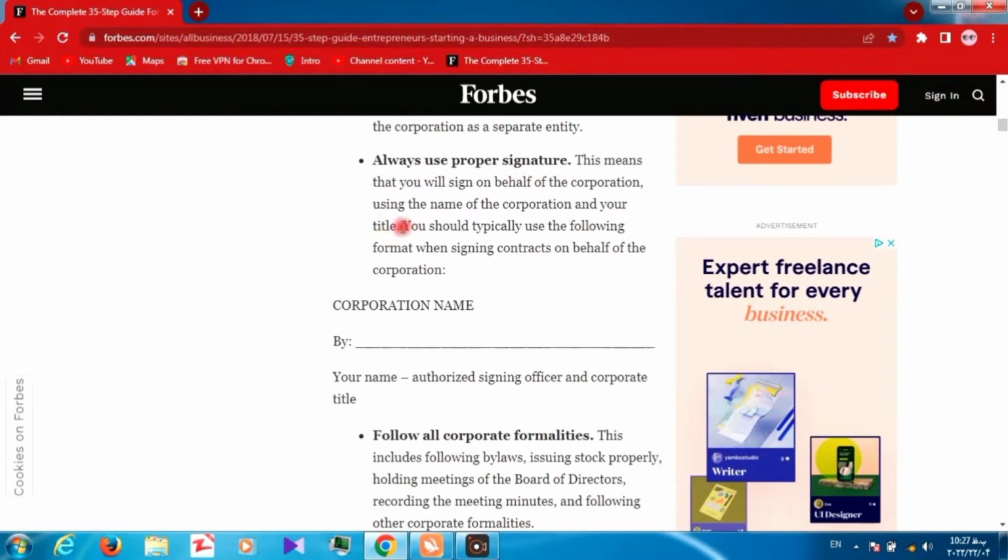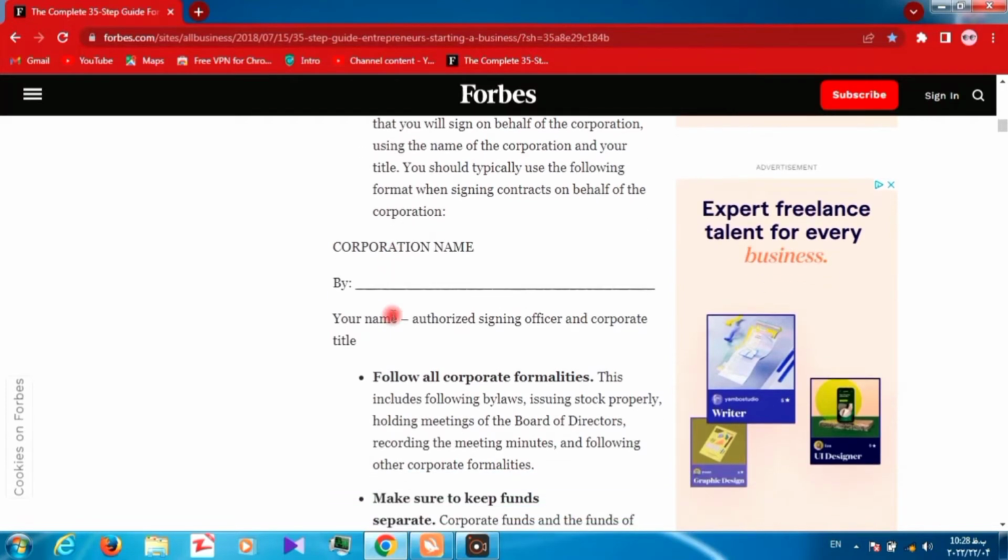For example, if you are the CEO of the company, you should write the name of the corporation and then the title of your position in the company. That is why you should always use a proper signature. And this is an example of a proper signature.